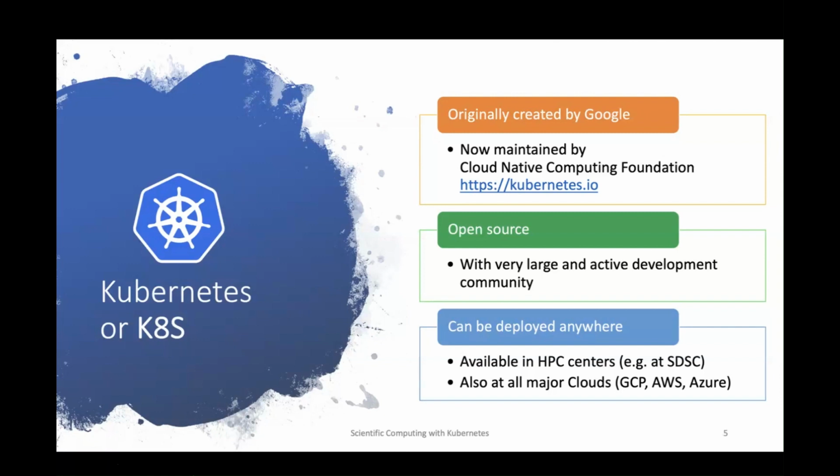A nice thing about Kubernetes, it can be deployed anywhere. You could even deploy it at small scale on a laptop, but it's definitely available at HPC centers. For example, SDSC has a few systems that are Kubernetes based, but it's also available at all major clouds: Google, Amazon, Azure.